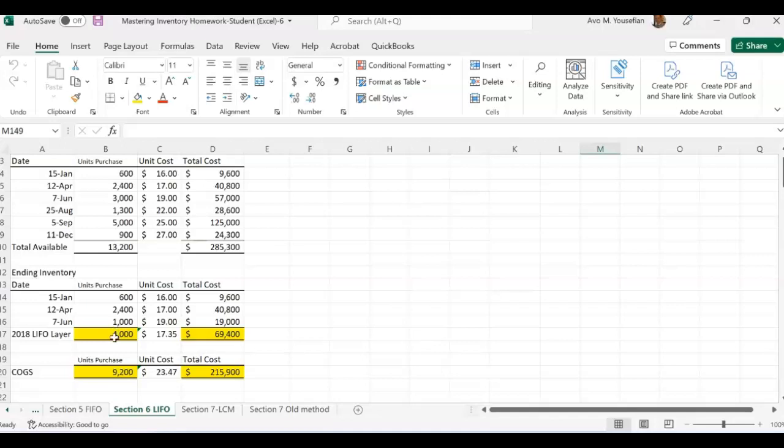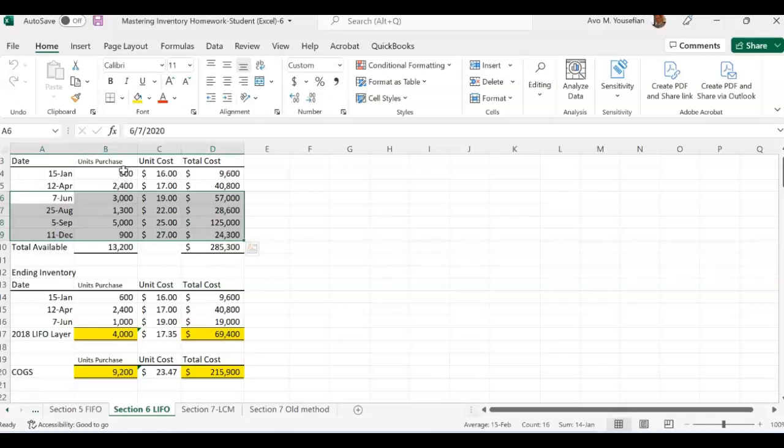So where do those 4,000 units come from? They come from last in, first out. That means the last layers. You see these layers here at the end, those are all gone. Last in, first out. So what is left? The top layers. The top is left. Okay, let's go to the top.